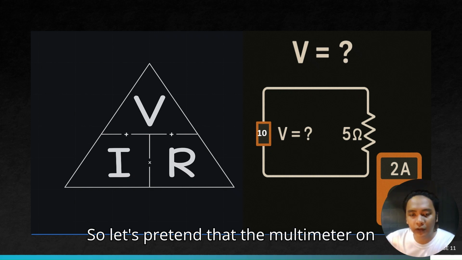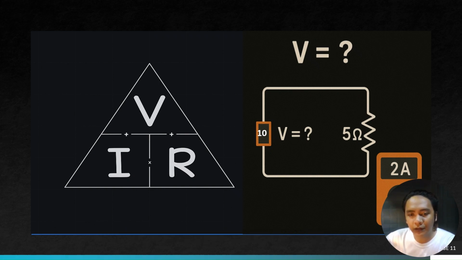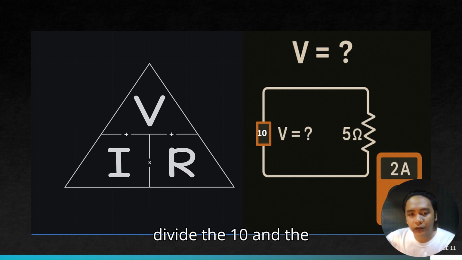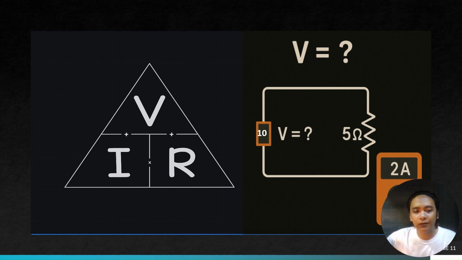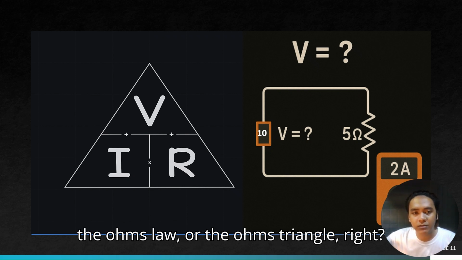So let's pretend that the multimeter on the lower right hand is empty, like it's zero reading. So if we divide the 10 and the 5, we'll get 2, which will give us 2 amps. So that's how we calculate it. Very easy if we'll try to remember the shape for the Ohm's law, or the Ohm's law triangle, right?